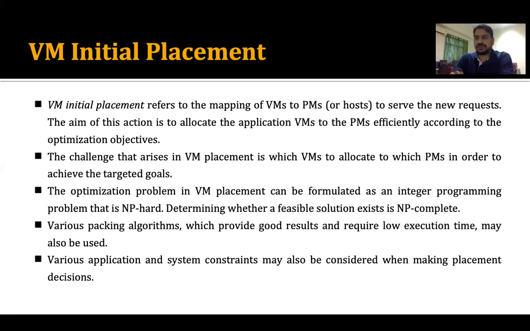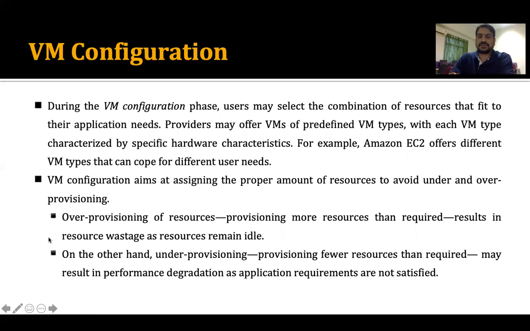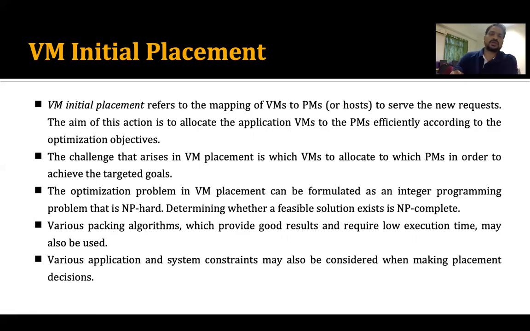So we know that there are some objectives that should be optimized, and we have just seen the objectives in this particular diagram. The first one is resource utilization, the second is monetary cost, and the third one is energy efficiency. So based on these objectives, the physical machine will be allocated to any virtual machine.